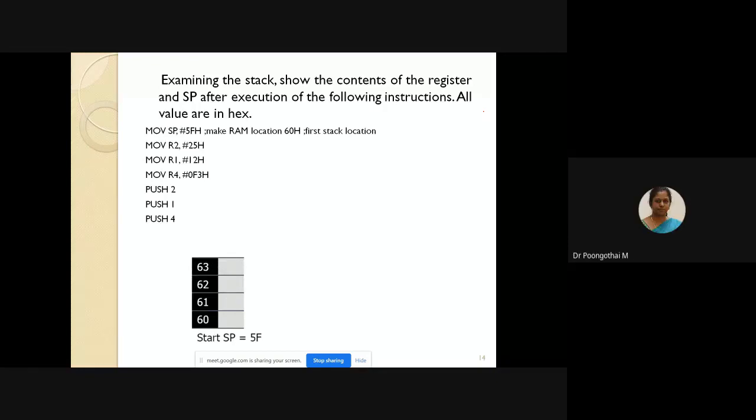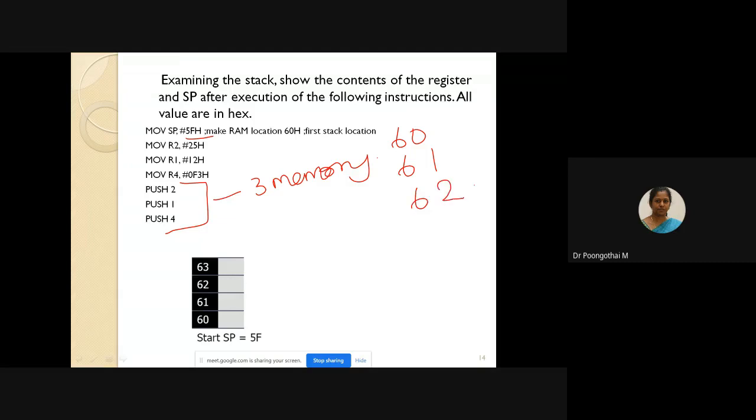Okay. Initially it's pointing 5F, so in this case we require 3 memory locations: 60, 61 and 62. So these 3 are required.